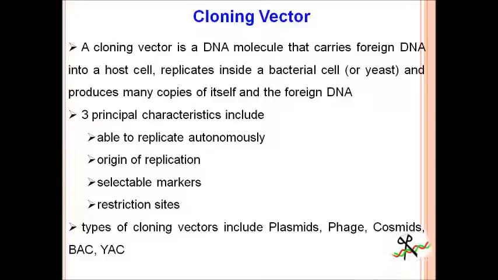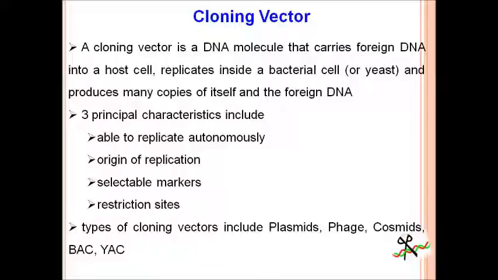Now, after the formation of a recombinant DNA molecule by the action of restriction enzymes and DNA ligases, the recombinant DNA has to be delivered to a competent host cell and subsequently amplified in the host. For this, we need a cloning vector, which must include primarily an origin of replication.